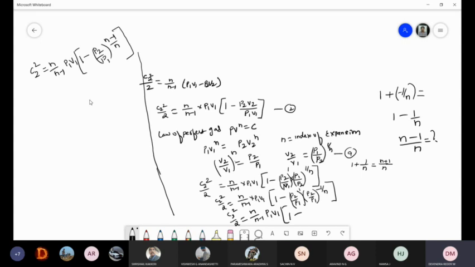Now what I'll do with this equation, I can write it in terms of C2. I want the C2 value: C2 equals root of 2n divided by n minus 1, P1 V1 into 1 minus P2 by P1 to the power n minus 1 divided by n. Can I write like this?